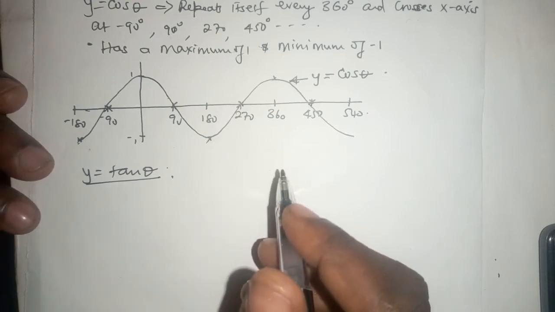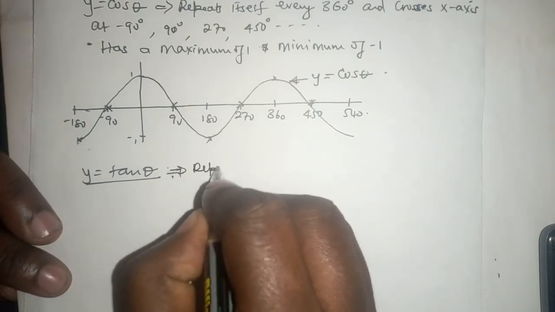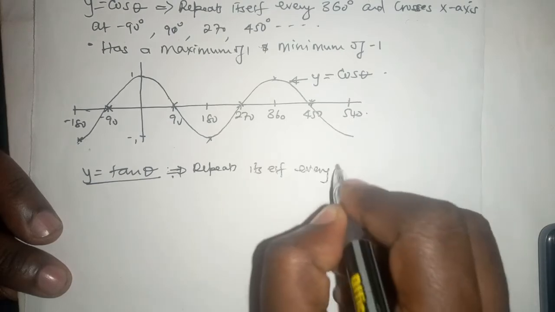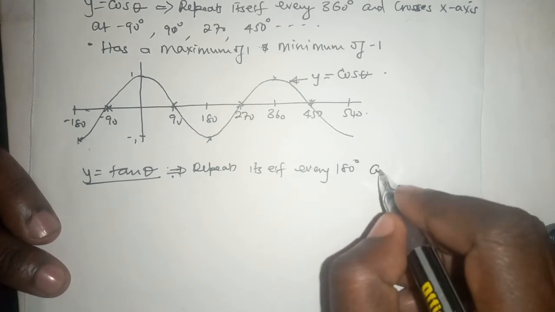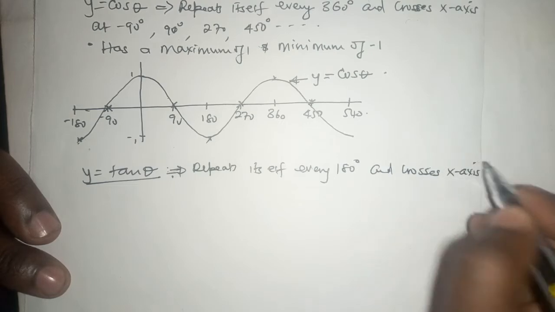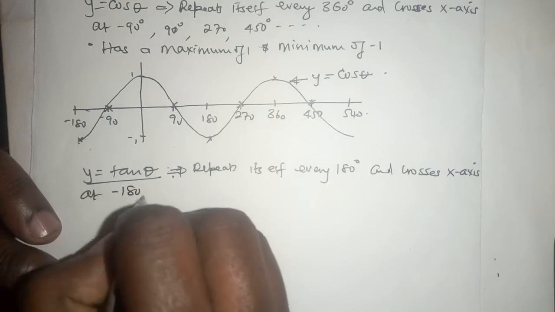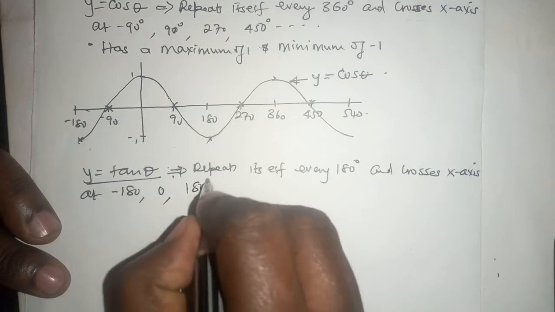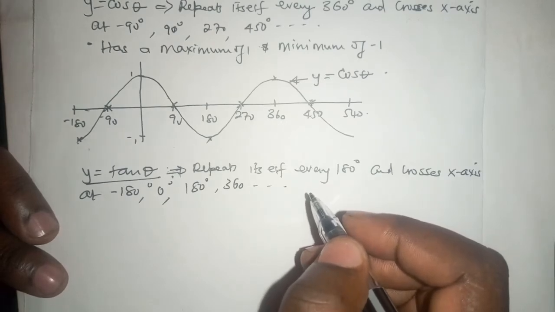It repeats itself every 180 degrees and crosses the x-axis at negative 180, 0, 180 degrees, 360, moving forward.